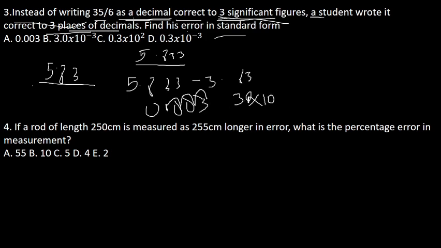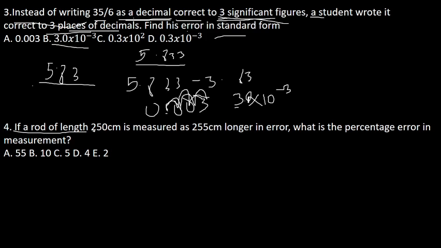How many times do you move it? 1, 2, 3. That is minus 3. So the answer is 3.0 times 10 raised to power minus 3. B is your correct answer.